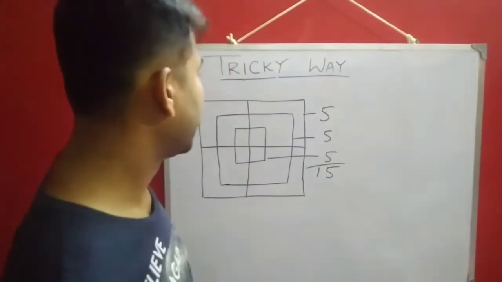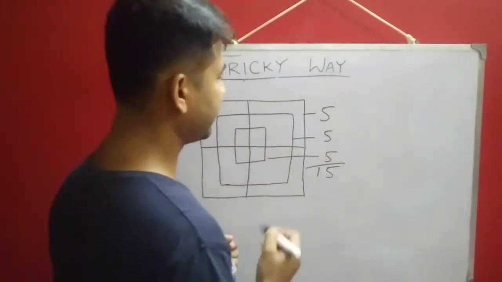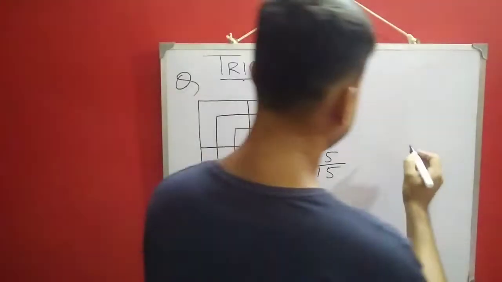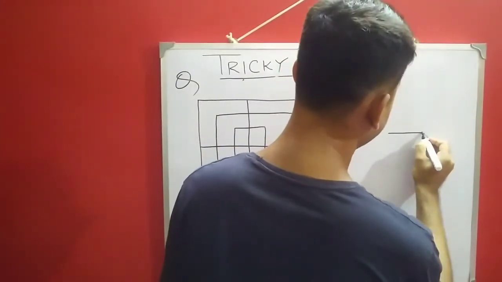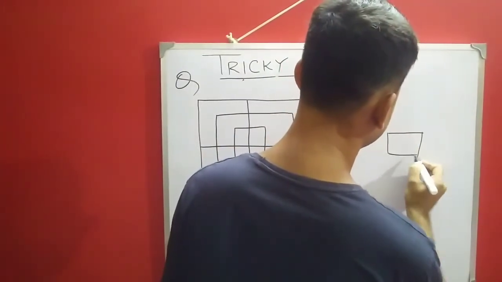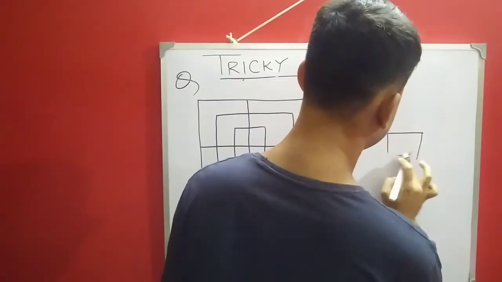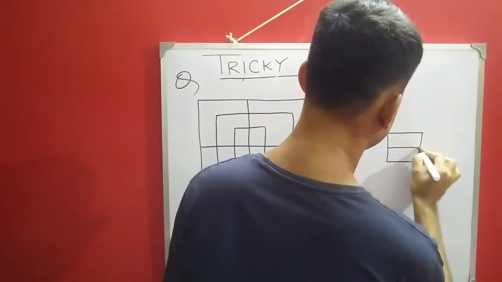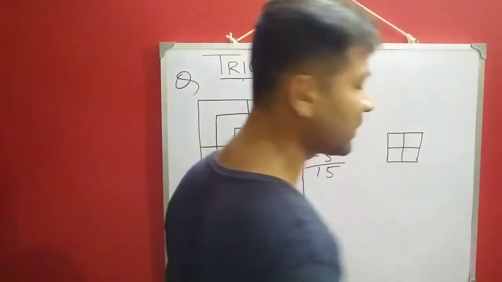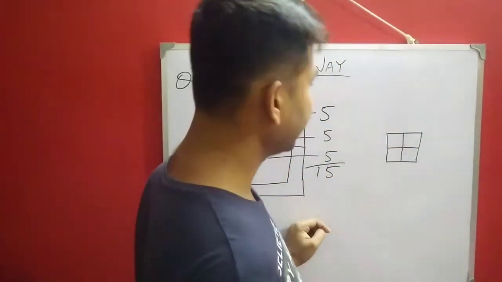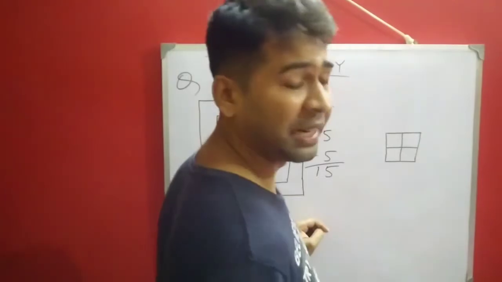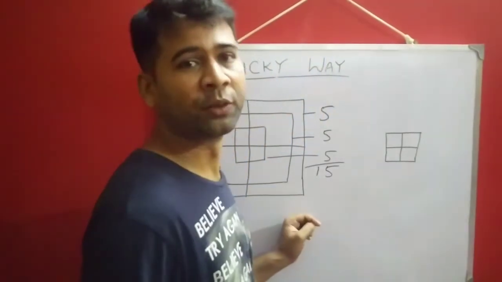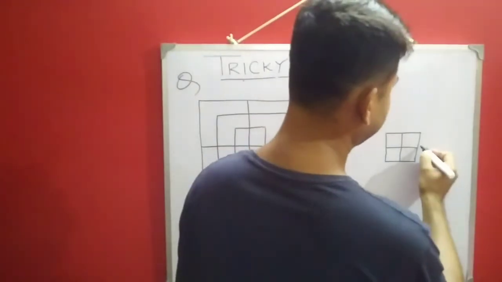Is it clear? I will illustrate how it appears. Starting from the inner square, if a square appears in any square, then the total number of squares for this figure will be 5.